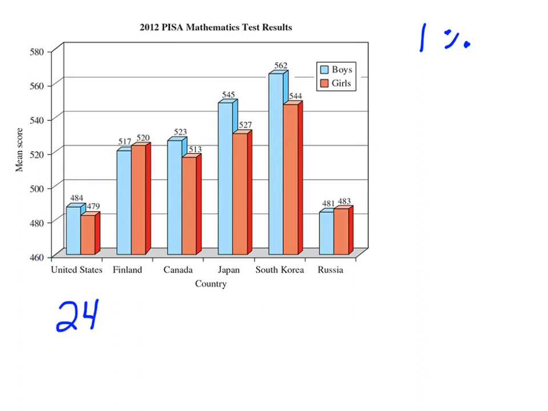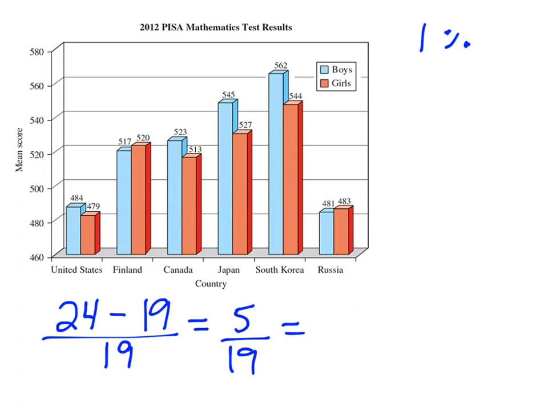And then the height of the girls' bar is from 460 to 479, so that's a height of 19. Then if you subtract those and compare to the height of the girls' bar, that's going to give the relative difference, which is still an absolute difference of 5, but now we're looking at that out of 19, and that's actually about 26%.